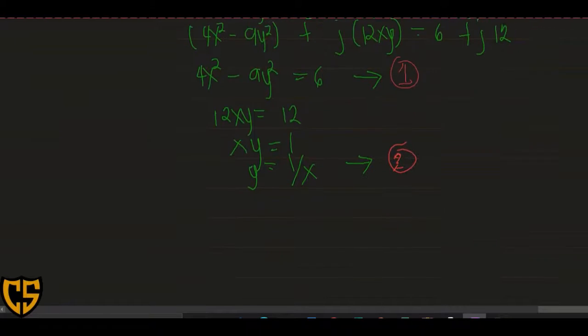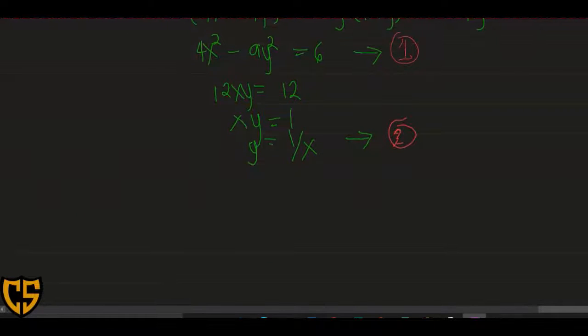So we have, okay, let's continue this. We have 4x squared minus 9y squared is equal to 6. Substituting the value of y, we have 4x squared minus 9 times 1 all over x squared is equal to 6.